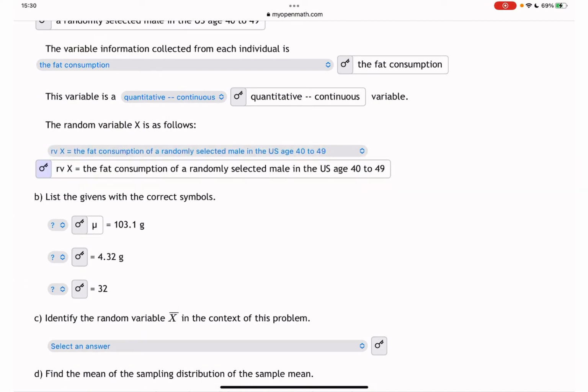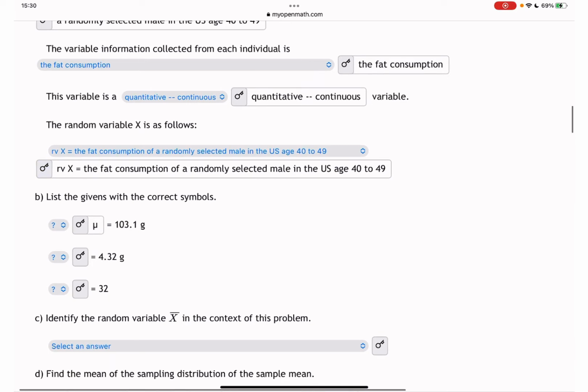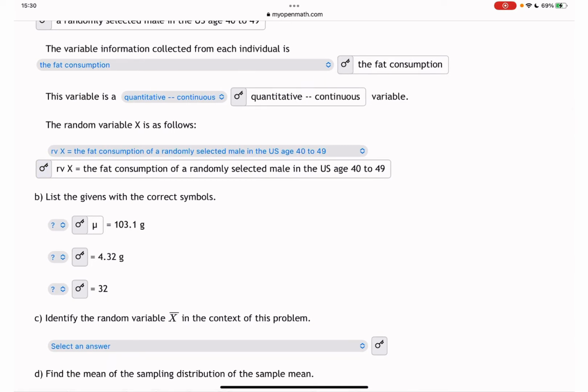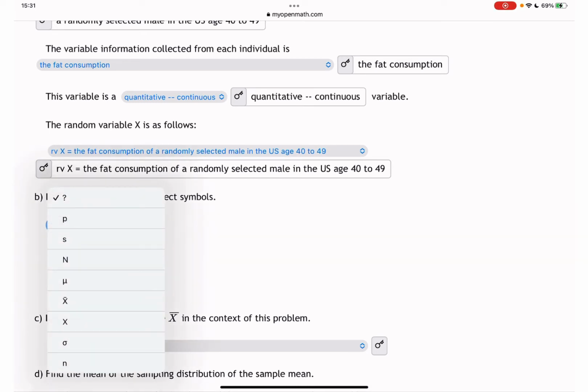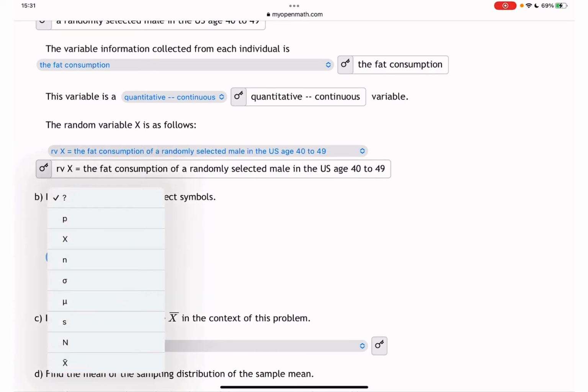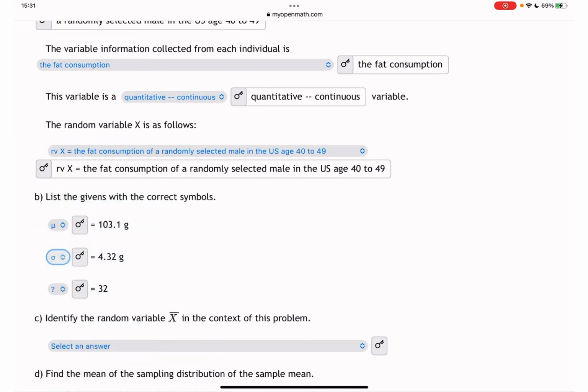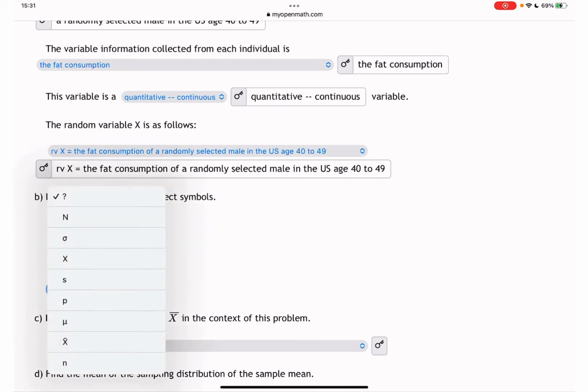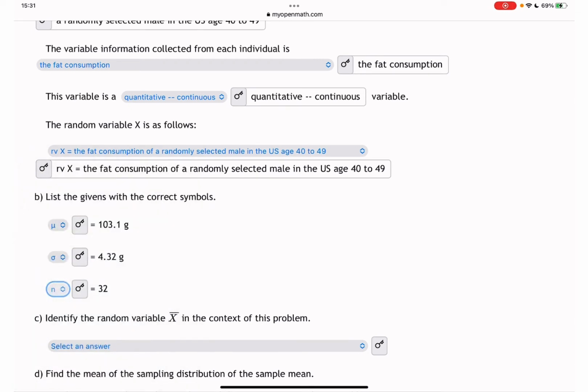Correct. This is already given, the correct symbols: 103.1 we already wrote down. This is our mu, 4.32 is our sigma, and 32 is the sample size, lowercase n.